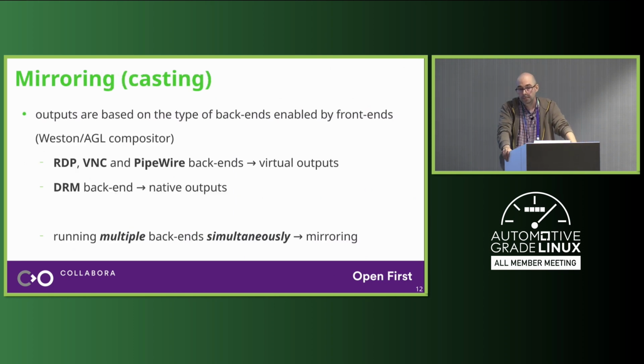Now, how about mirroring or casting? Before going into that, a bit of context. All of these backends, the RDP, VNC, and the PipeWire backends, are what we consider secondary backends, and these create what we call virtual outputs.